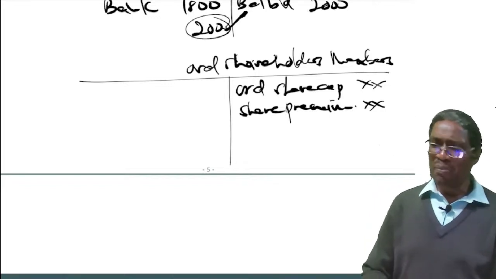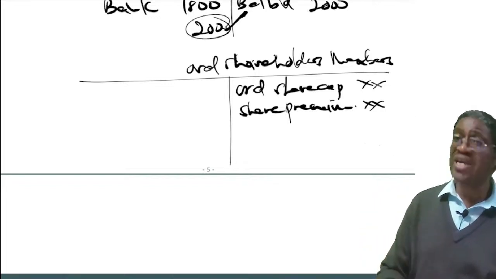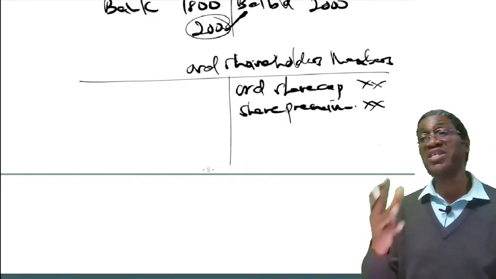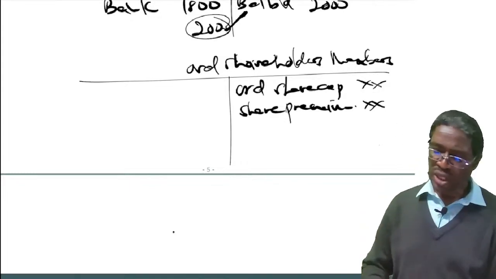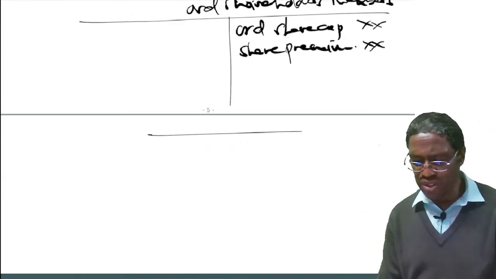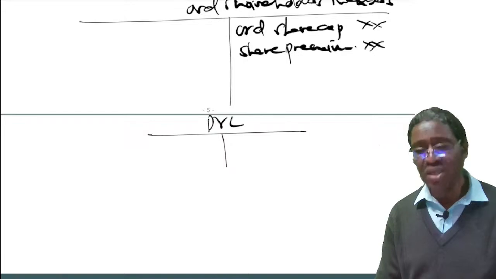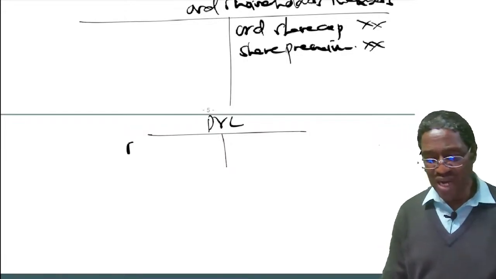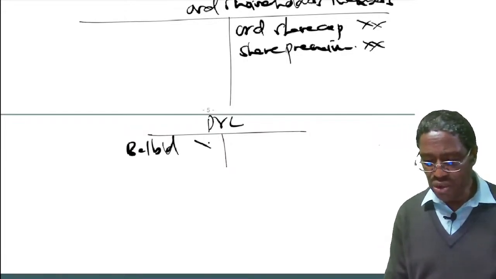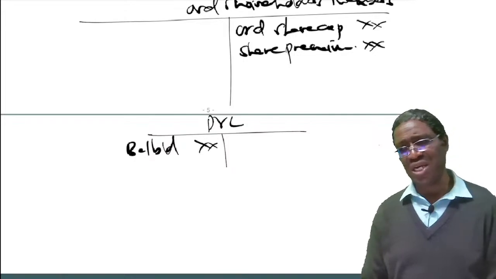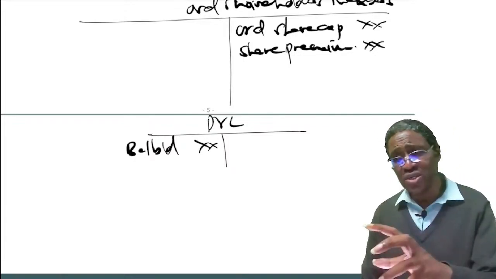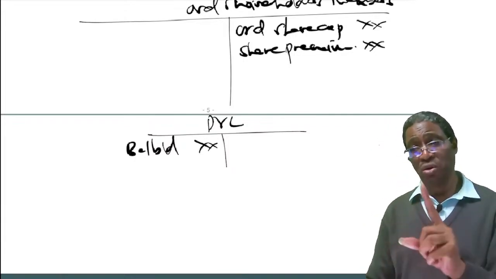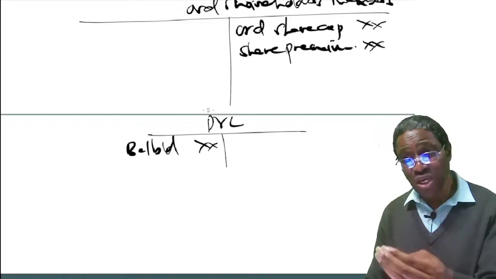Good. But if it's a negative reserve, like retained losses, which I've already said will always be there, if you go to the P&L account of this company, you will find the P&L account having a debit balance. Retained losses are always a debit balance. So let the shareholders take the loss of this company. They are the owners of the company.